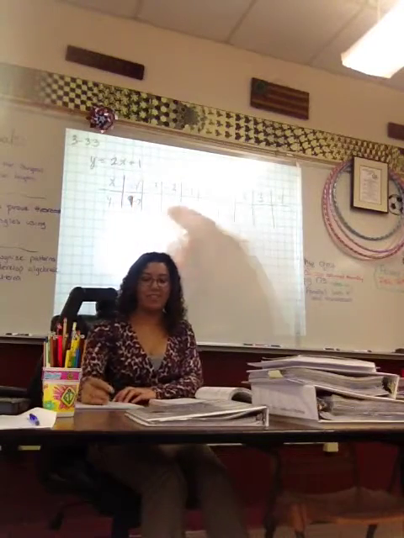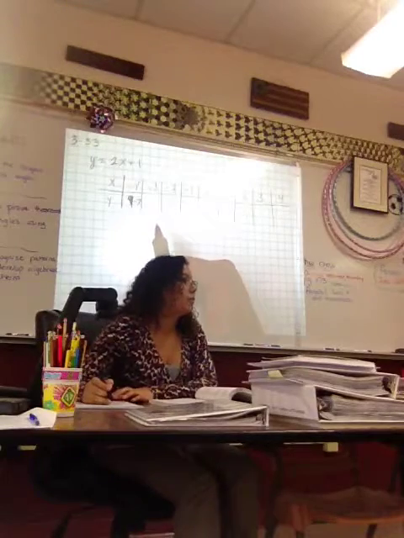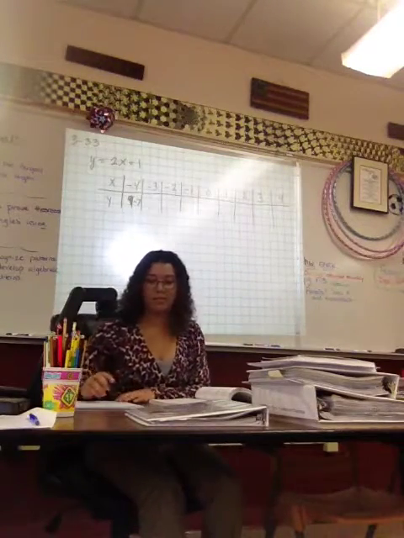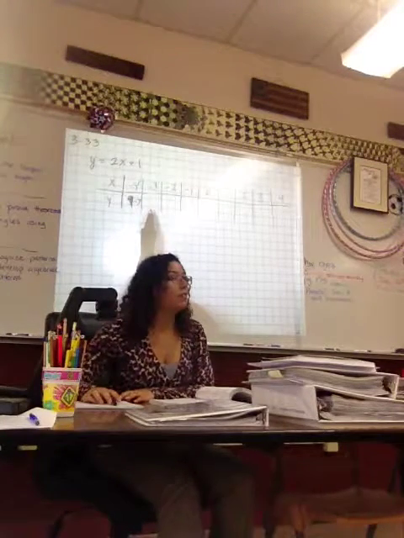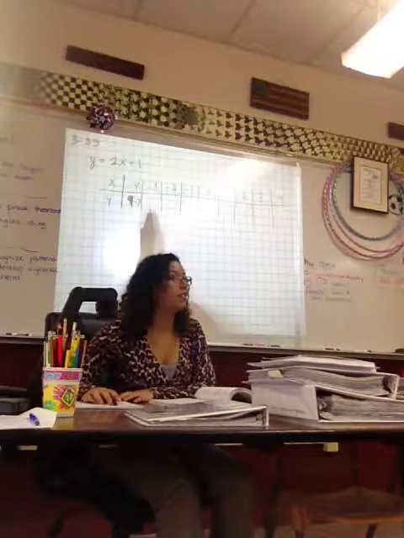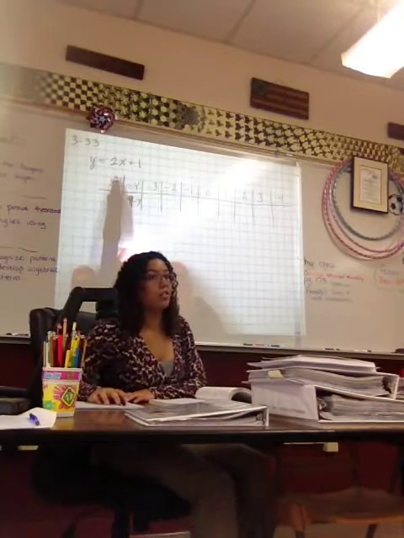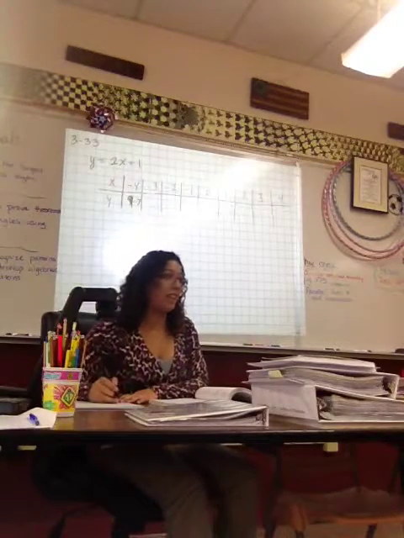Okay. Now, when we put in -3, what do we get for our output? Is it positive or negative? You put in -3 times 2, that's -6 plus 1. So that's -5, right?